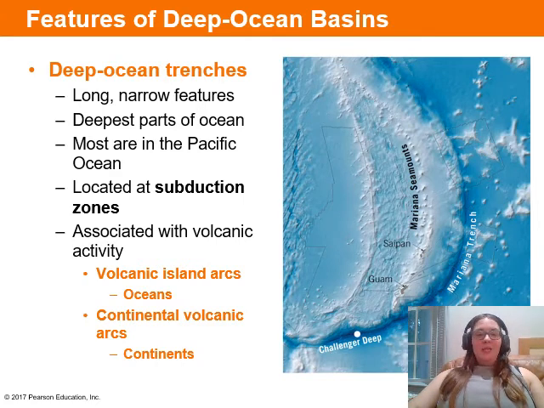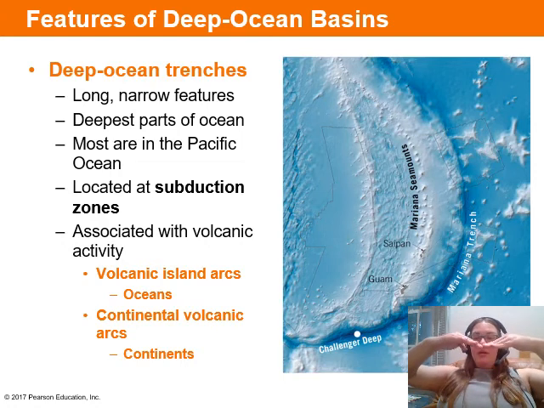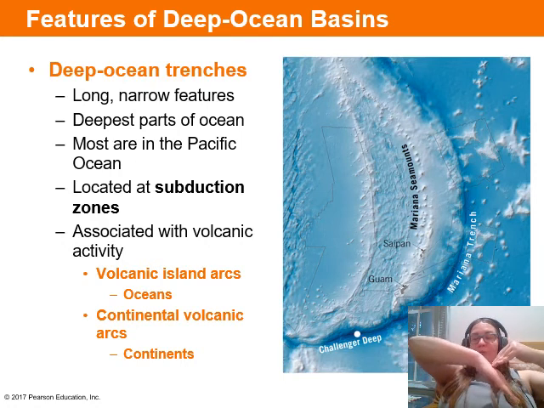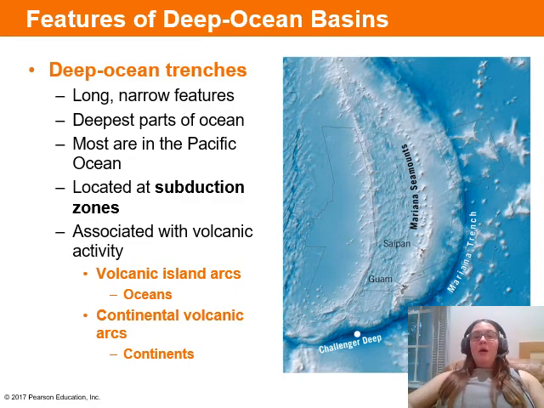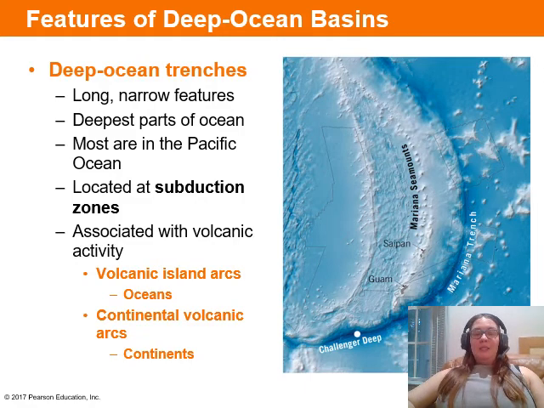And again, these deep sea trenches develop not only at a convergent boundary, but specifically at a subduction zone, where we're forcing one plate to be pulled beneath the next, therefore causing this really deep V-shaped area between them. But when we see these deep sea trenches, we're going to see a lot of volcanic activity occurring.